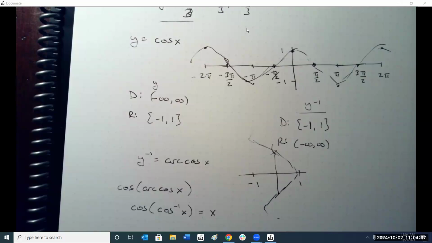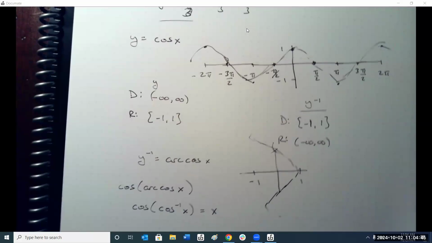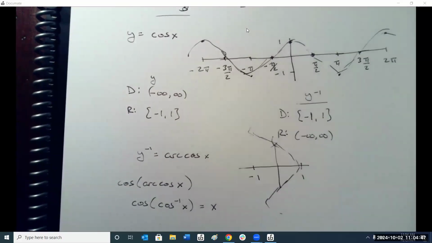If they're truly inverses, then the composite function of them becomes just x. Let's jump straight to example one.